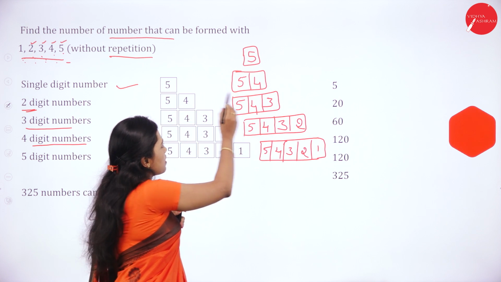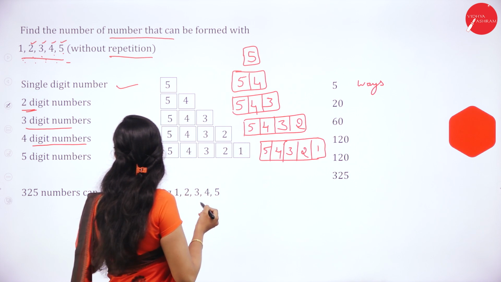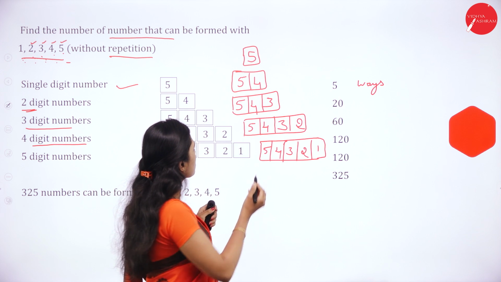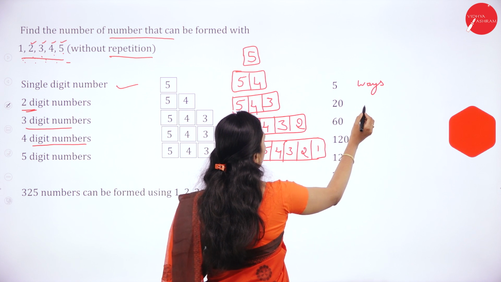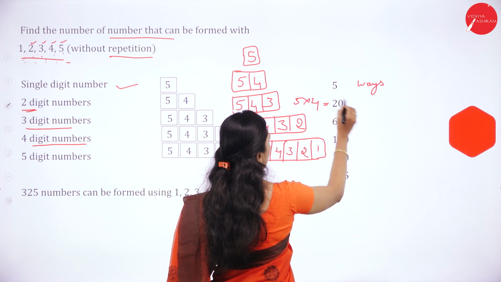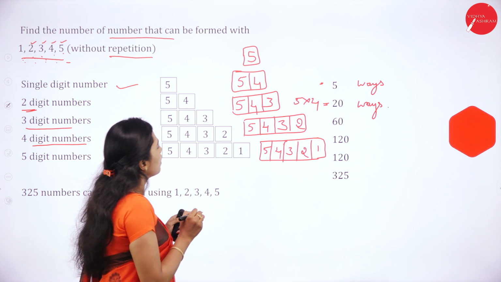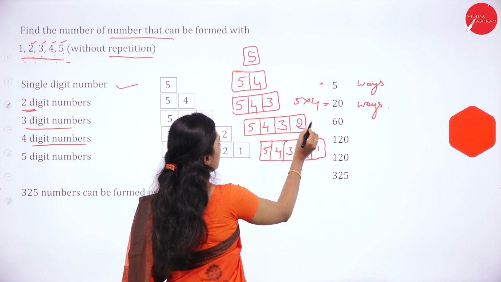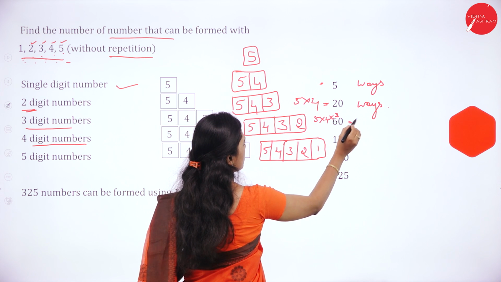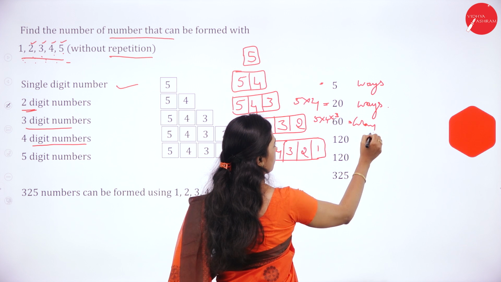Here 5 ways we can frame in single digit numbers. In 2 digit numbers, 5 into 4, 5 into 4 is 20 ways. Then 3 digit numbers, 5 into 4 into 3 is equal to 60. So 60 ways.